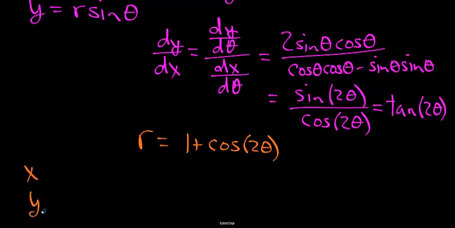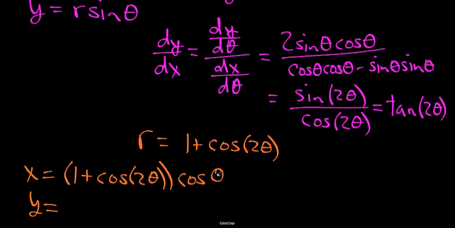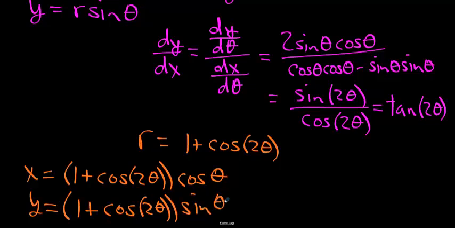What would the x be and what would the y be? It'd be 1 plus cosine 2 theta times cosine, and then 1 plus cosine 2 theta times sine. Yeah, there you go. Then you would just do the nuts and bolts of the algebra. So look, all that we learned about parametrics, we're applying to this. Notice we're just transferring over. Any questions about that?